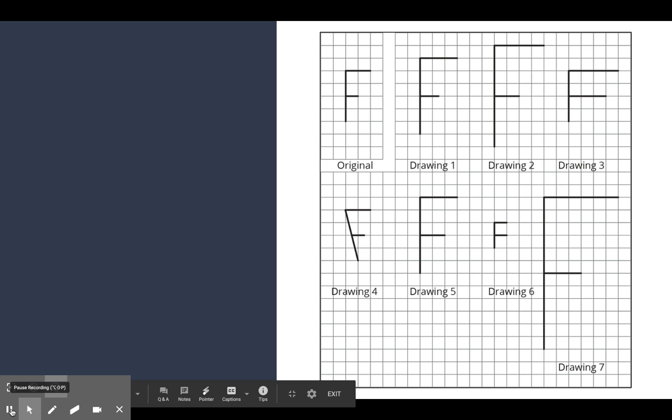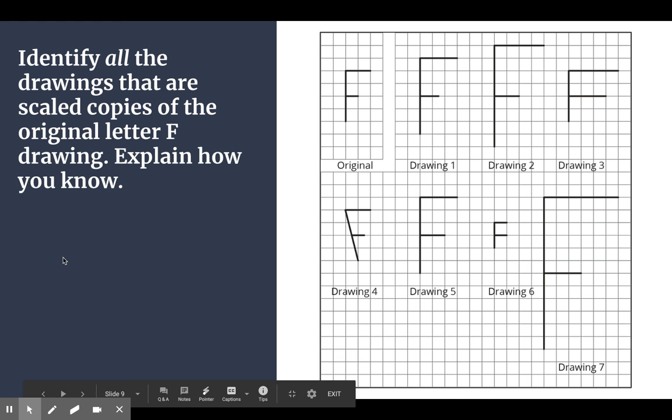Okay, now that we've had some time to respond and really think about this, let's make sure that our thinking was correct. Again, the first question was to identify all the drawings that are scaled copies of the original letter F and explain how you know this.